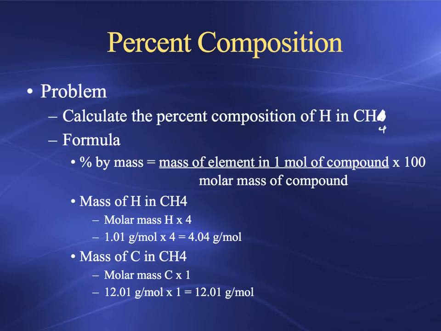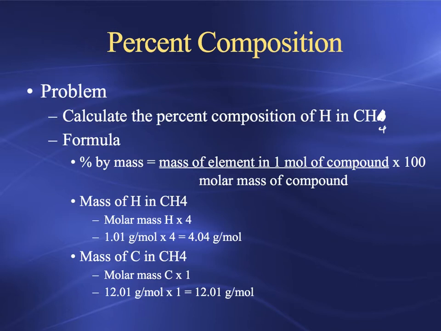The formula for percent by mass before was just the mass of the element divided by the mass of the compound times 100. But now the formula for percent composition is the mass of an element in 1 mole of the compound. We'll do plenty of practice, so if you're not sure what this means yet, that's okay. Divided by the molar mass of the compound times 100.